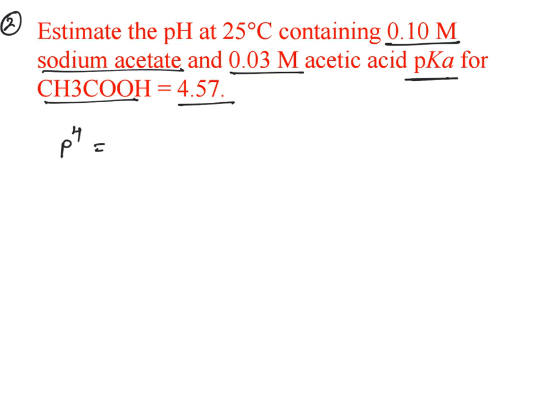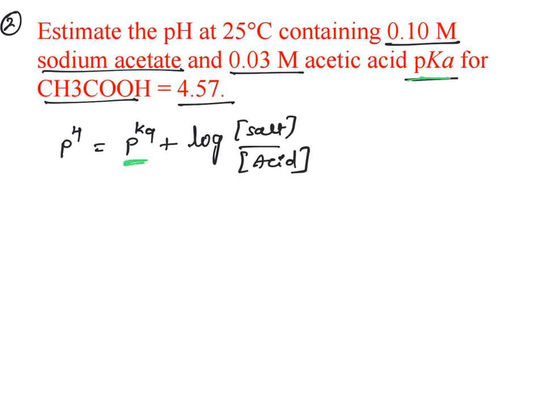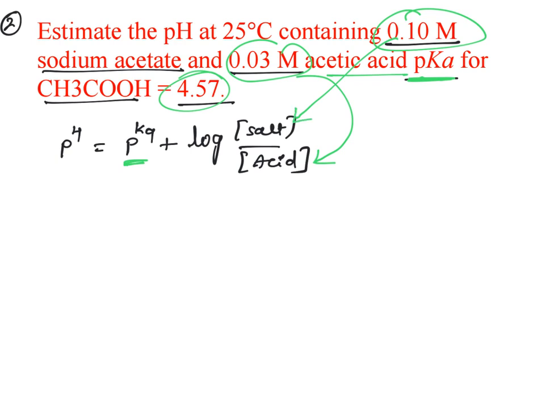Then the formula is pH equals pKa plus log of concentration of the salt by concentration of the acid. Here pKa is 4.57, the sodium acetate concentration is 0.10 and the acetic acid concentration is 0.03. By substituting all, you can solve this problem and the answer should come below 7.